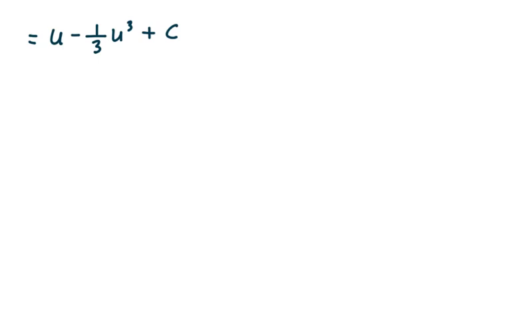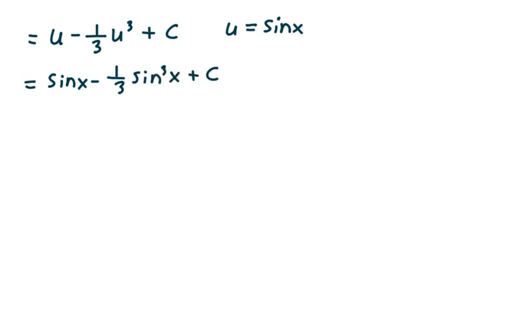But remember what u is. u is sine of x. And so substituting that back in, we get sine of x minus 1/3 sine cubed x plus c. And that's how you do 14.